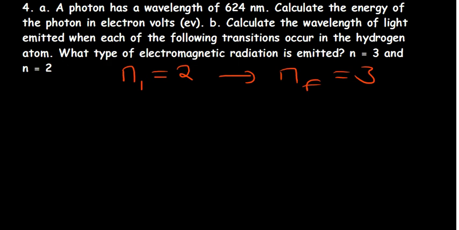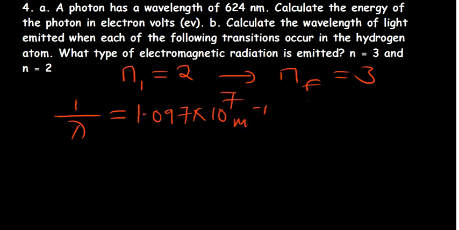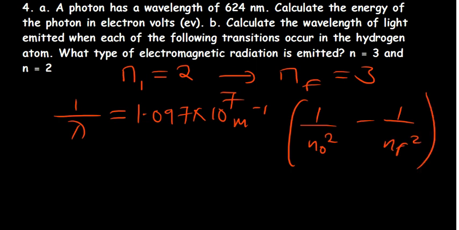Whenever you are determining the wavelength from transitions, the formula that can help you very fast is the Rydberg equation, which is 1 over the wavelength equals the Rydberg constant, 1.097 times 10 to the power 7 meters negative 1, and in the brackets you have the transition, 1 over the initial squared minus 1 over final squared. So you just plug in.